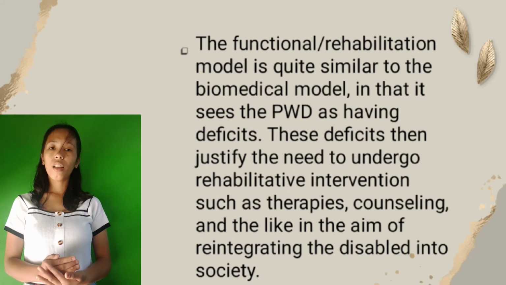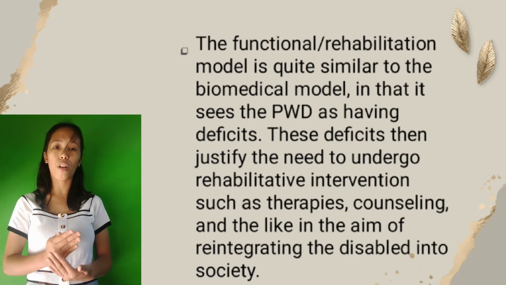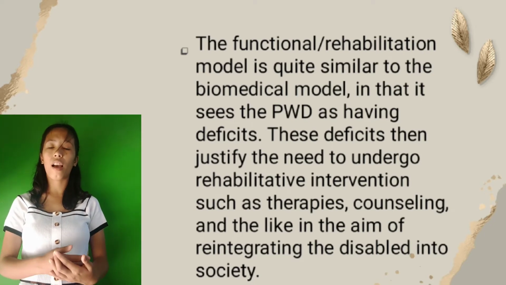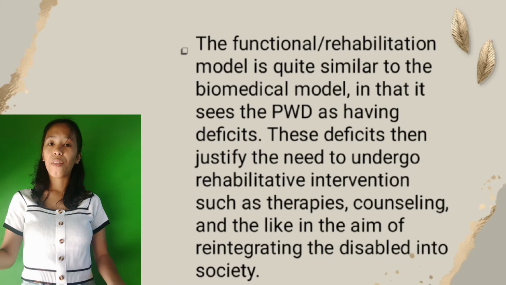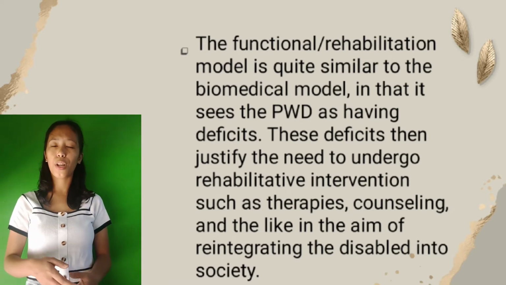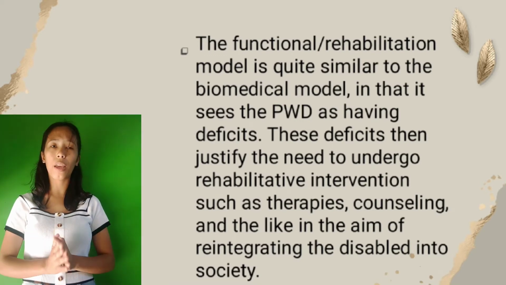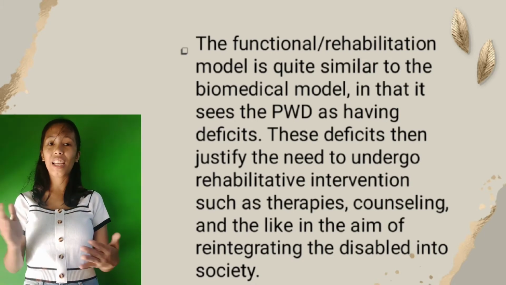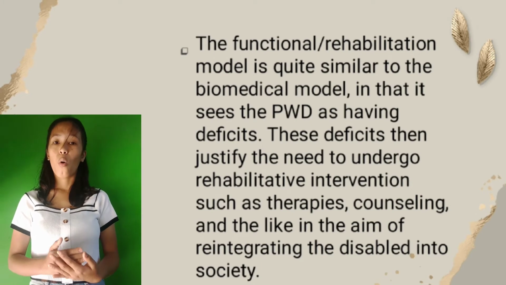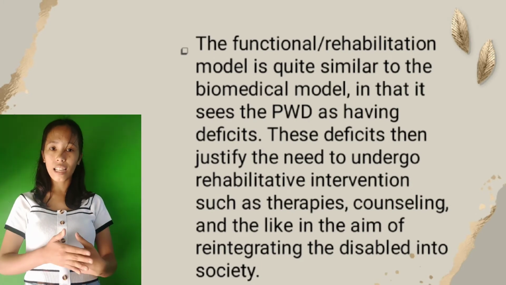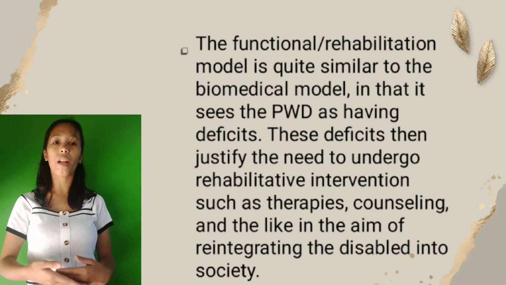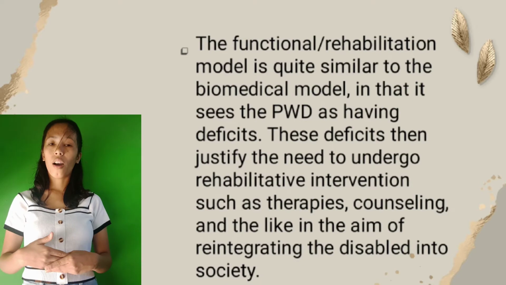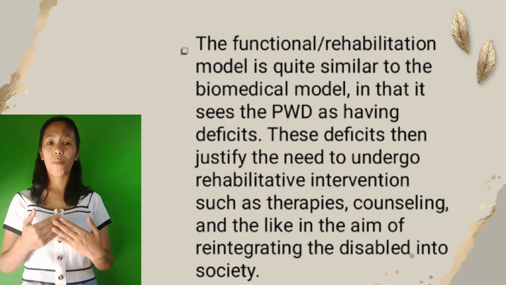And the belief of this model is that when a disabled person works with these rehabilitative services, then they can overcome their disabilities and they can fully do things as a normal person without minding their disabilities. So this model focuses on the assistance given by the professionals to them. So that is what the functional rehabilitation model is.